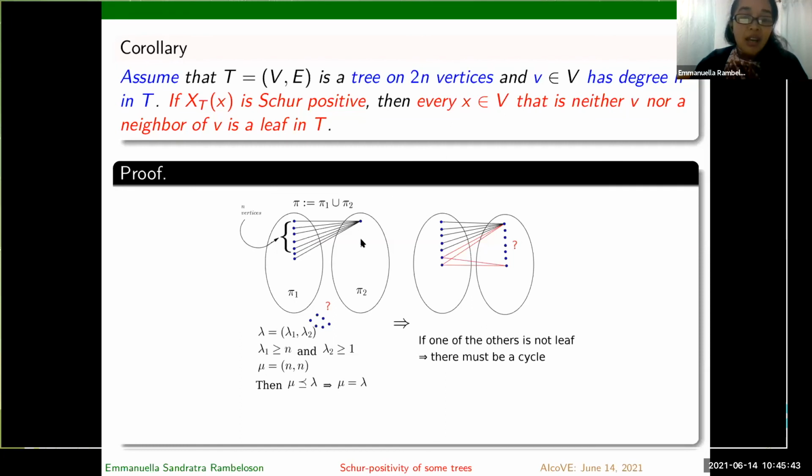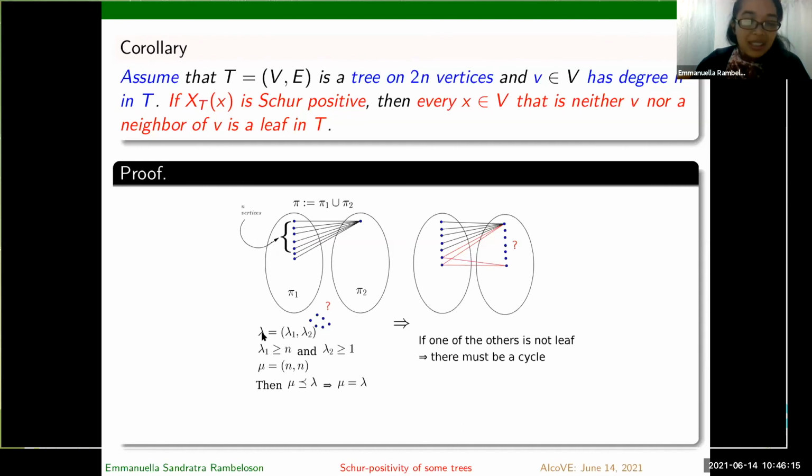Then V and all of its neighbors must not be in the same part, which means that if I set V in this part pi 2, then all of its neighbors must be in pi 1. And now we should ask the question, where should we set the remaining vertices of T? Since we have n-1 left vertices, we don't know whether to set them in pi 1 or in pi 2.